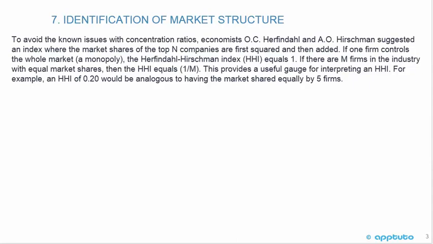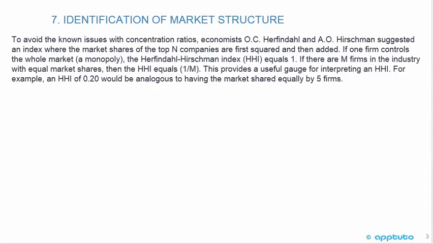To avoid the known issues with concentration ratios, economists O.C. Herfindahl and A.O. Hirschman suggested an index where the market shares of the top N companies are first squared and then added. If one firm controls the whole market, a monopoly, the Herfindahl-Hirschman index, HHI, equals 1.